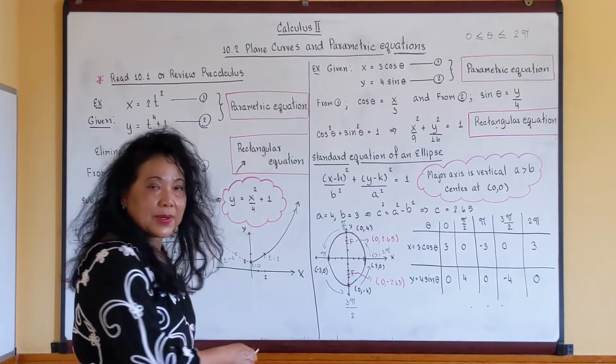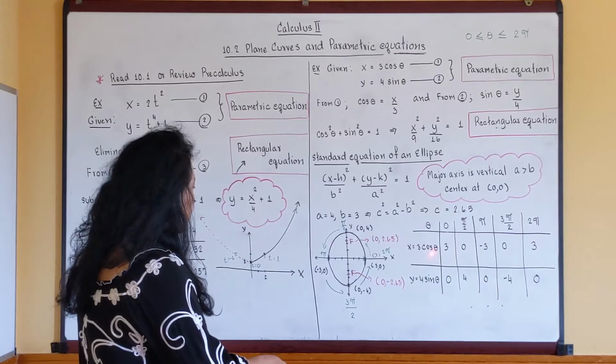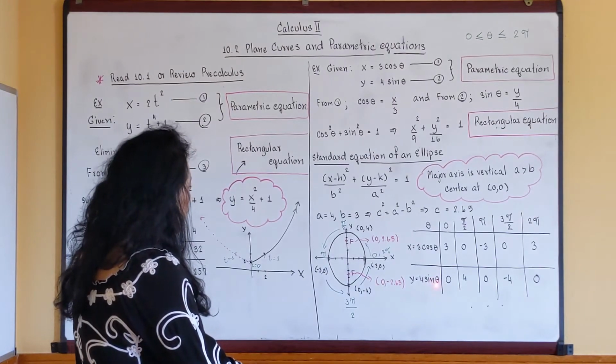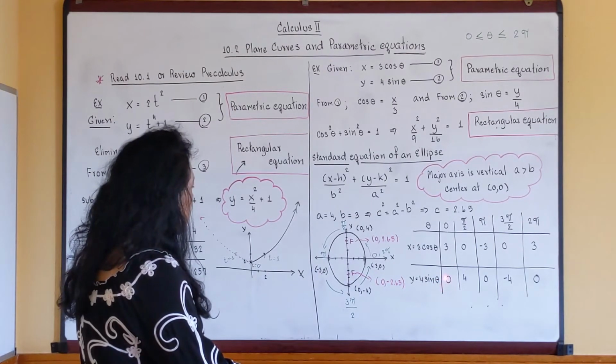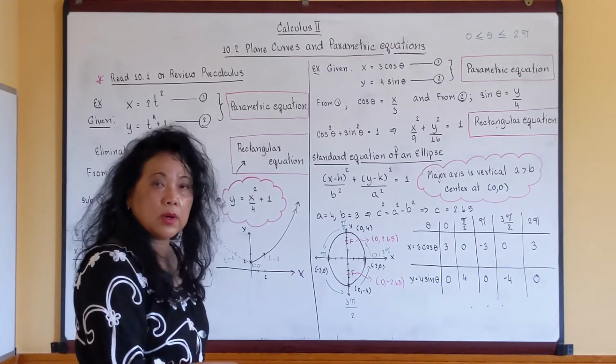Let's try one more. Pi over 2: cosine of pi over 2 is 0, 0 times 3 is 0. That's how I get 0 here. Sine of pi over 2 is 1, 1 times 4 is 4. So I assume you can just fill the table on your own.